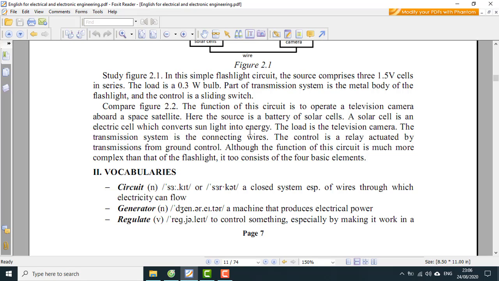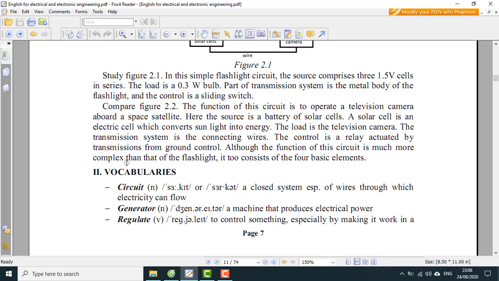The load is the television camera. The transmission system is the connecting wires. The control is a relay actuated by transmissions from ground control. Although the function of the circuit is much more complex than that of the flashlight, it too consists of the 4 basic elements.